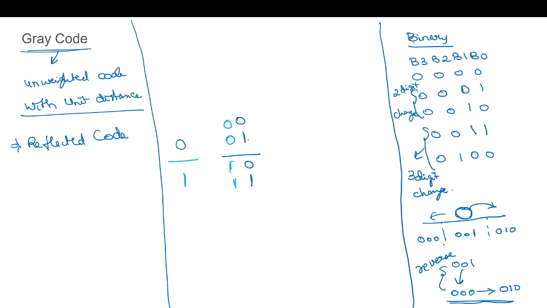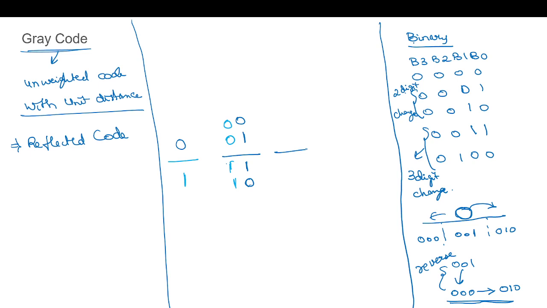Is this a reflection? Reflection is this 1 should come here, then this 0 should come here. So now if you see from this to this, only 1 bit change is there, and from this to this, only this bit change is there, and from this to this bit change is there. So we have only 1 bit change.